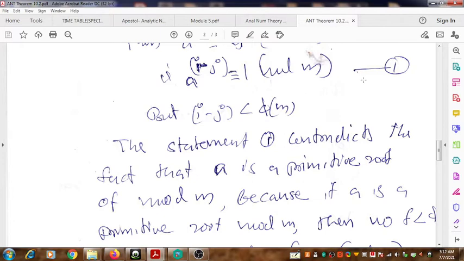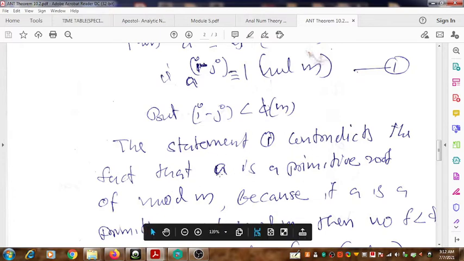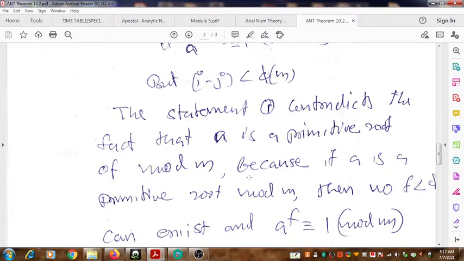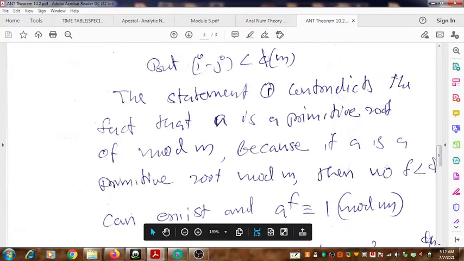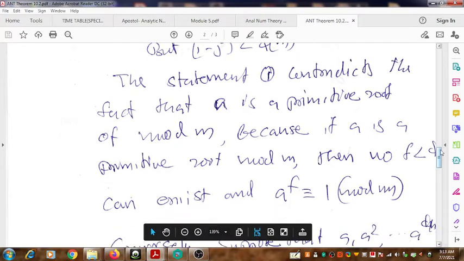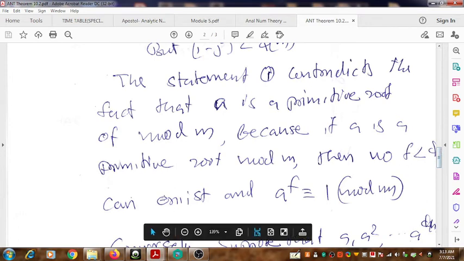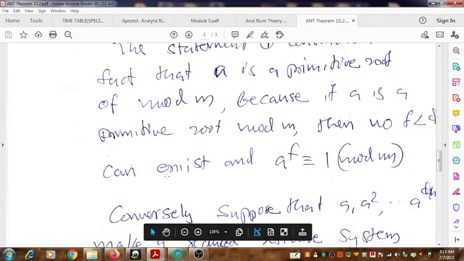This statement contradicts the fact that a is a primitive root mod m. Because if a is a primitive root mod m, then there cannot exist a number f which is less than phi(m) such that a raised to f is congruent to 1 mod m.